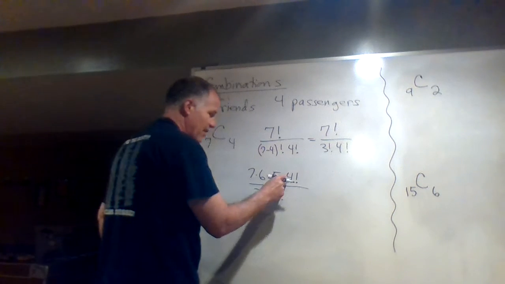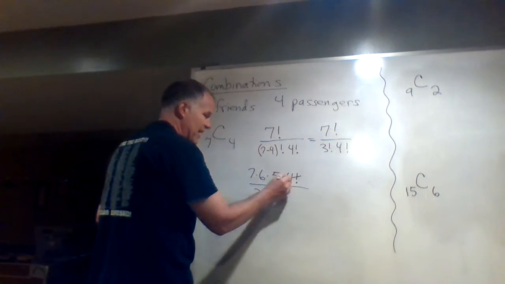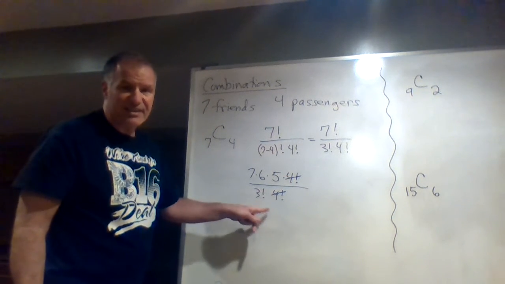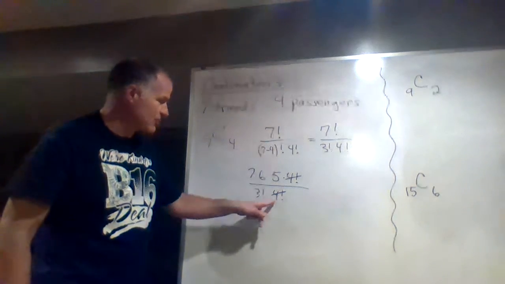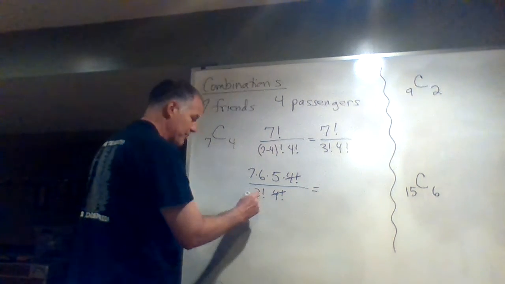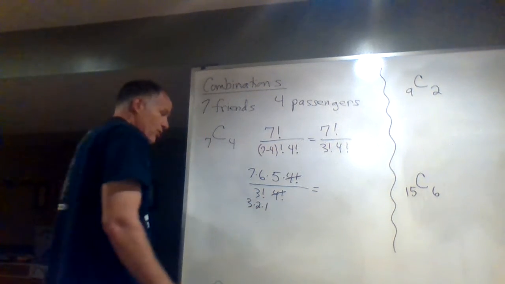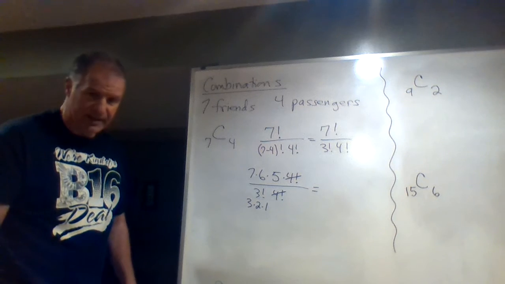So this 4 factorial on the bottom can cancel with that 4 factorial. I don't want to go down to 3 because that's less than 4. I want to cross out the bigger number. 4 is bigger than 3, so I'm going to cross out the 4. Now, here's what's strange then. This 3 factorial is going to stay.